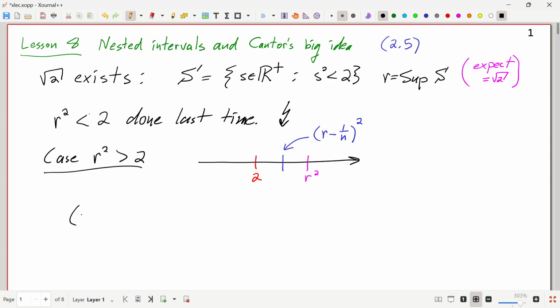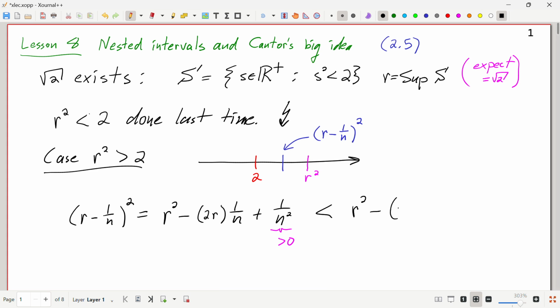Let's think about R minus 1 over n squared. That's R squared minus 2R times 1 over n plus 1 over n squared. Well, this time the plus 1 over n squared just makes that bigger. So that's less than, this thing is positive. So this thing is strictly less than R squared minus 2R times 1 over n.